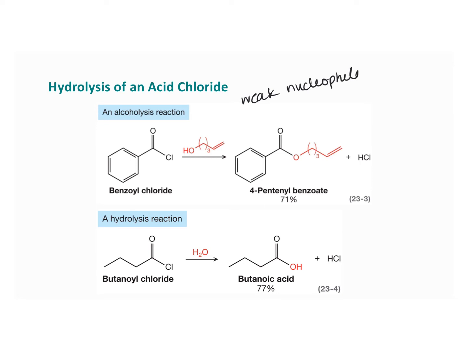Okay. And so we see here that we can treat benzyl chloride with an alcohol for an alcoholysis reaction and form an ester, but then we can also treat the acid chloride with water to produce a carboxylic acid formed here.